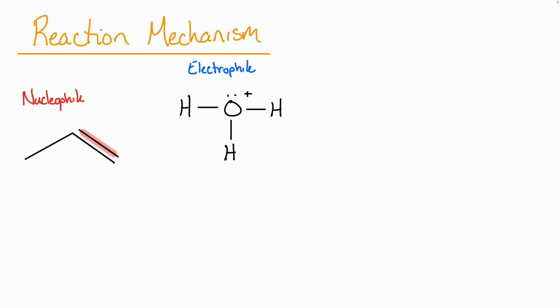But what is the electrophilic site on this molecule? So the O can't accept any more electrons. It's got a full octet. So this is an example of our electrophile where we have a good leaving group. That's what role this thing's going to play here. My electrophilic site in an acid is always that proton, right?